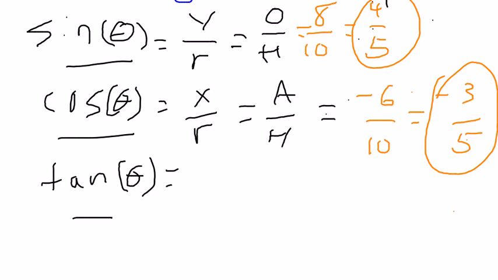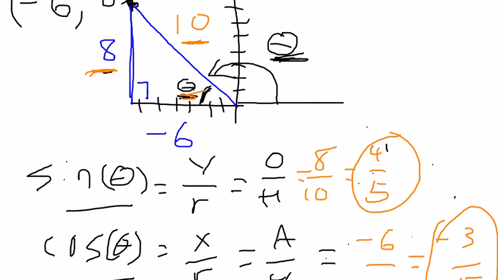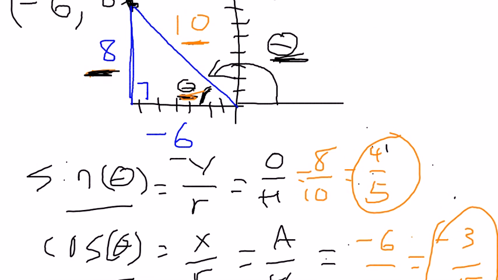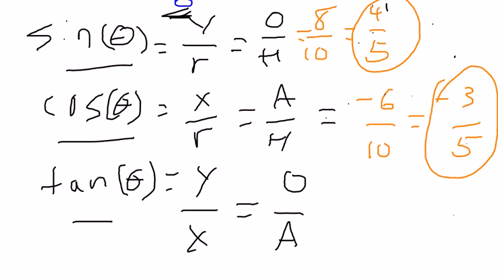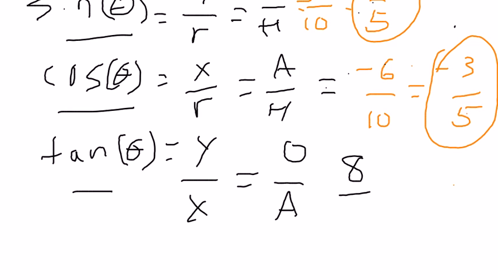The tangent is y over x, opposite over adjacent, the y value over the x value. 8 over negative 6, which reduces to negative 4/3.